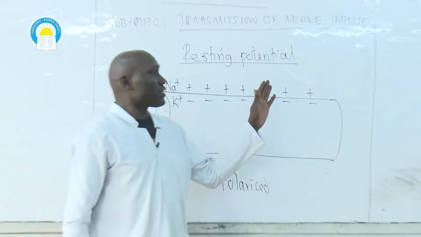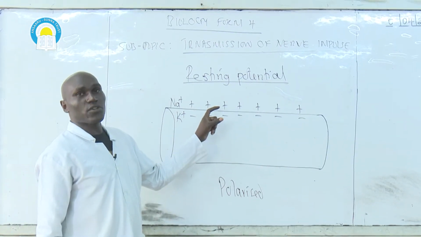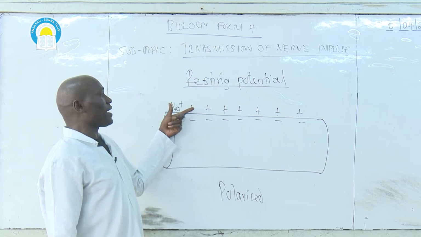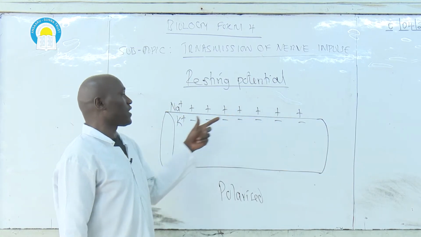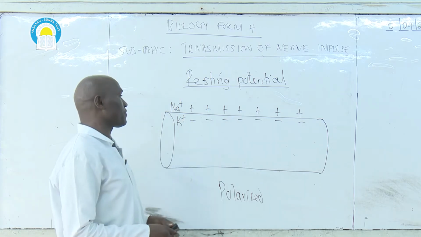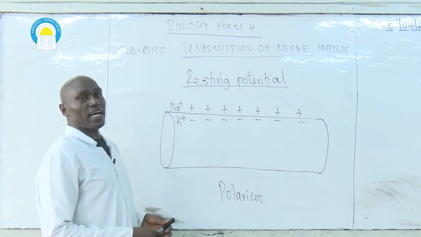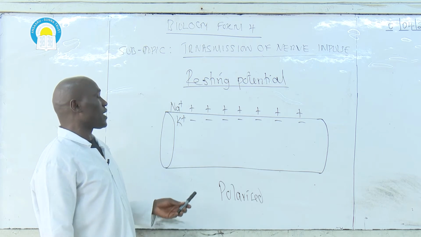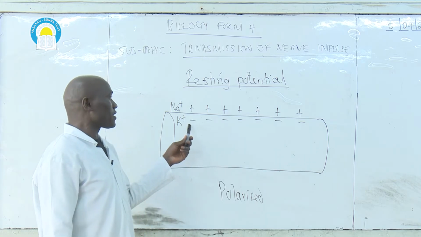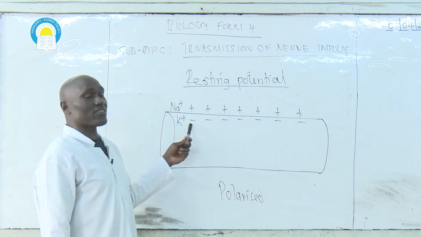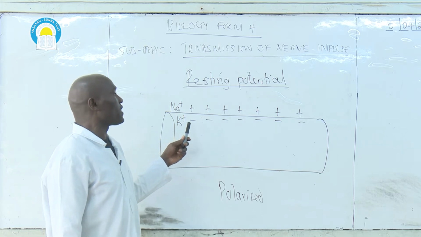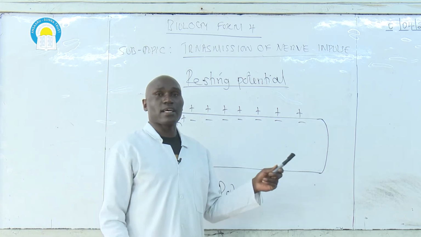So at resting potential, an axon or a neuron is polarized, meaning the outer part is positively charged, the inner part inside the axon is negatively charged. The outer part of the axon at resting potential has sodium ions, but the inner part has few potassium ions with a lot of negatively charged ions.